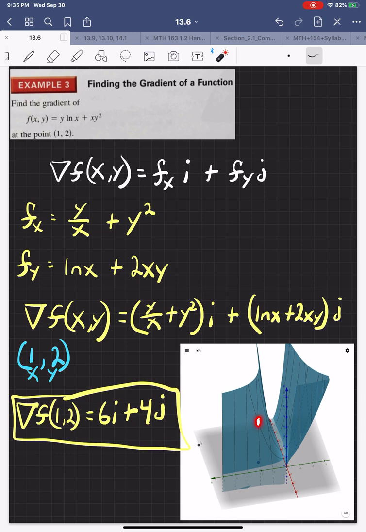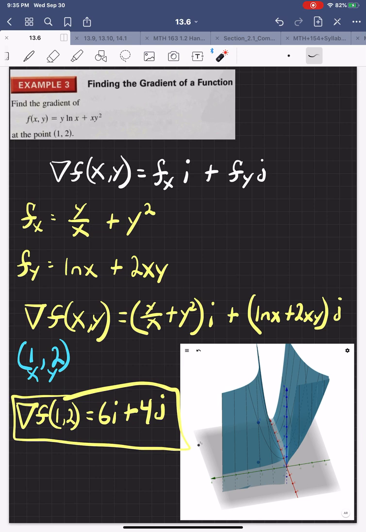And if you were to plot out the vector 6i plus 4j, that would be the direction that you would want to go to get maximum increase, the maximum ascent.